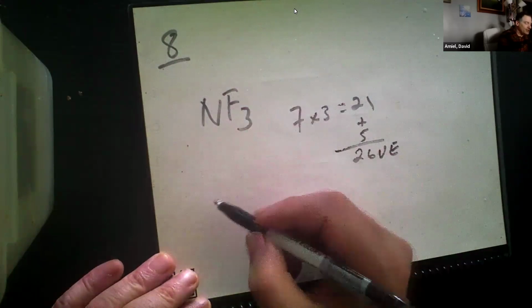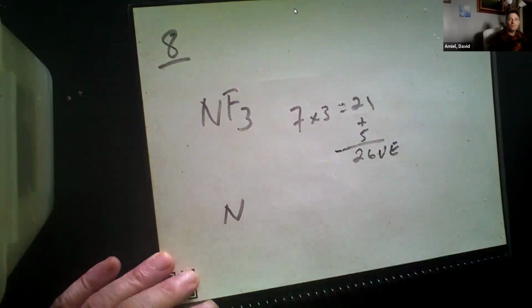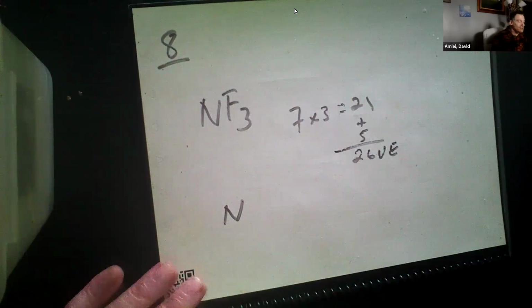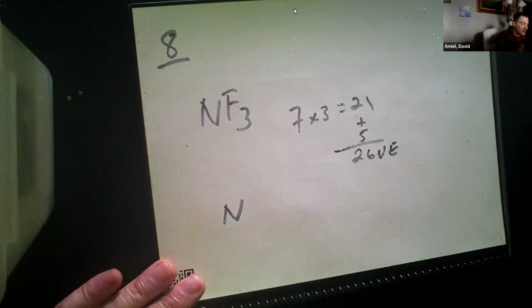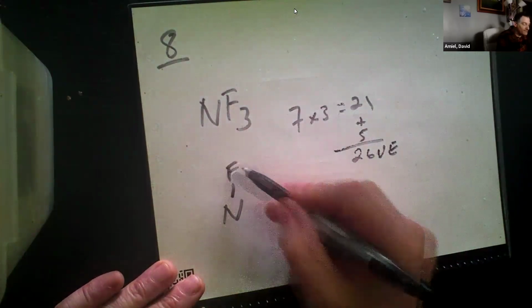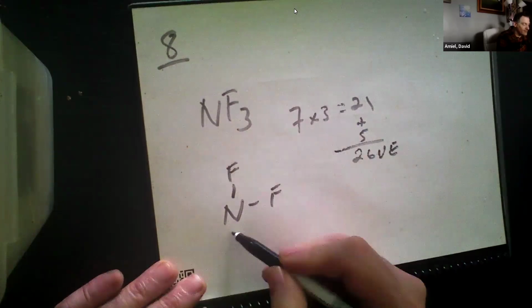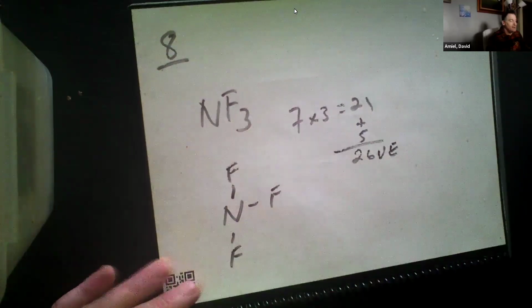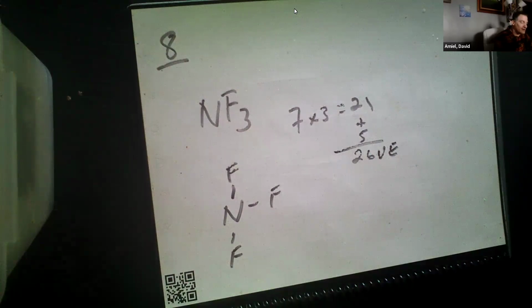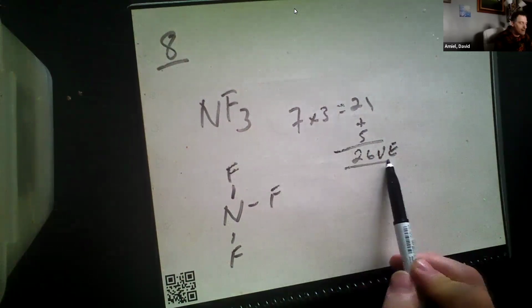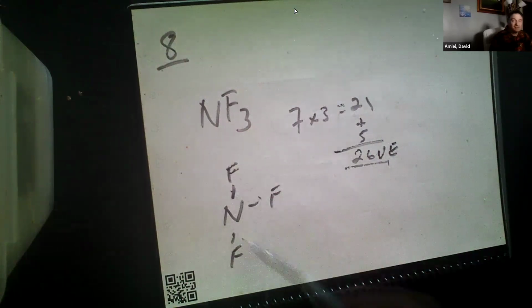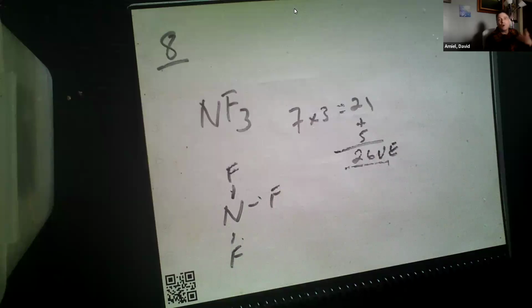Okay, we have nitrogen as our central atom, and I'm just going to use lines to draw bonds to each fluorine. And now we've got 26 minus 6, 20 valence electrons left to give everything an octet.